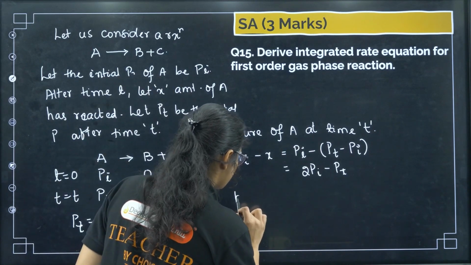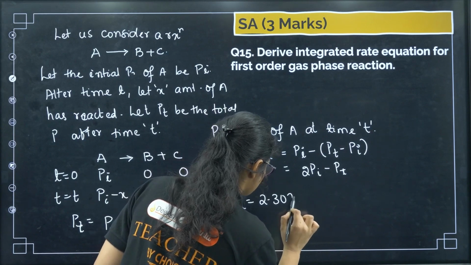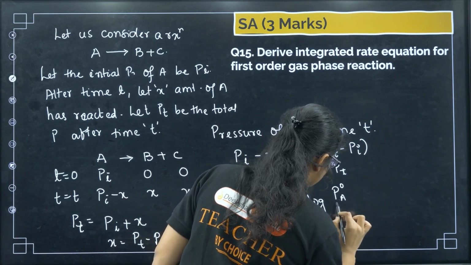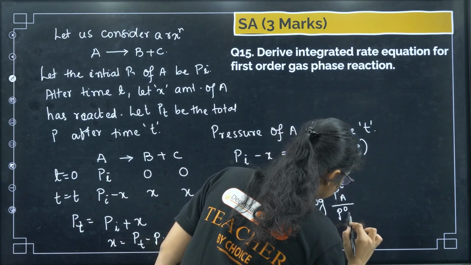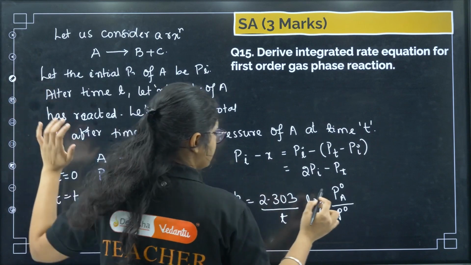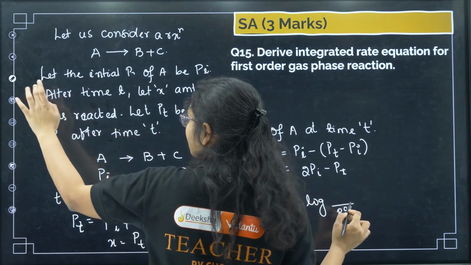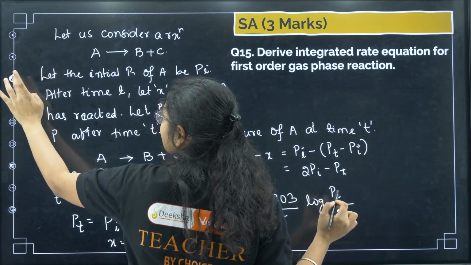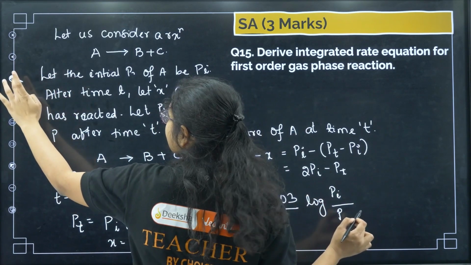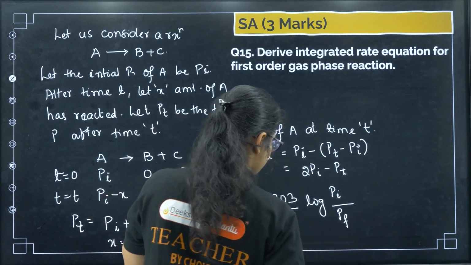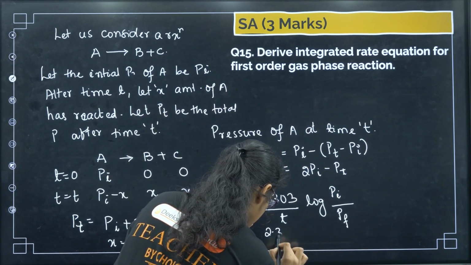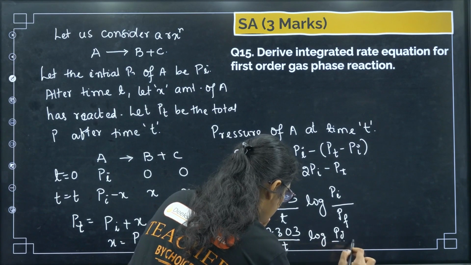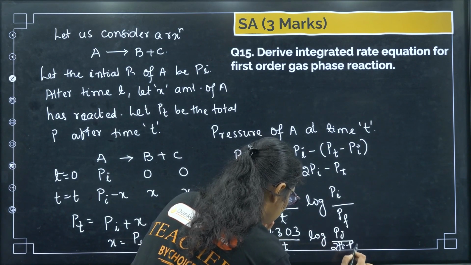Now I can substitute in the k value, that is 2.303 by t log of initial pressure of A by final pressure of A, Pi by Pf. So I will get 2.303 by t log of Pi by 2 Pi minus Pt.